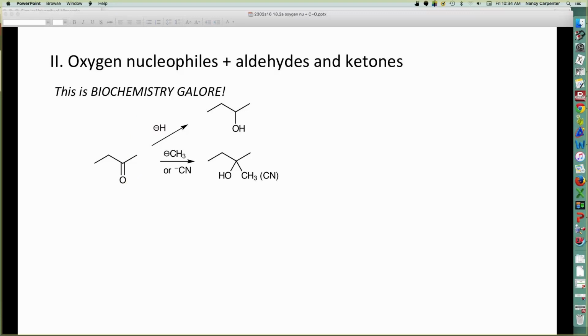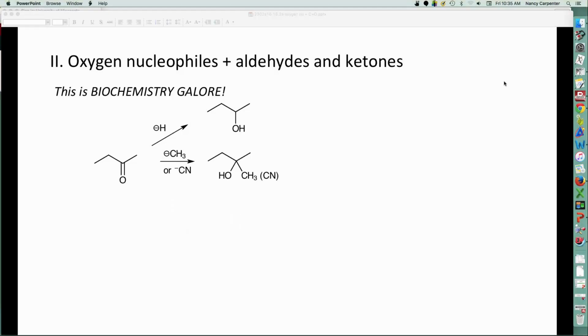Or if I have a Grignard or organolithium, so again I really should specify my counterion here, that hard nucleophile is going to add to my C=O electrophile to stick irreversibly and give me a new carbon-carbon bond and an alcohol.